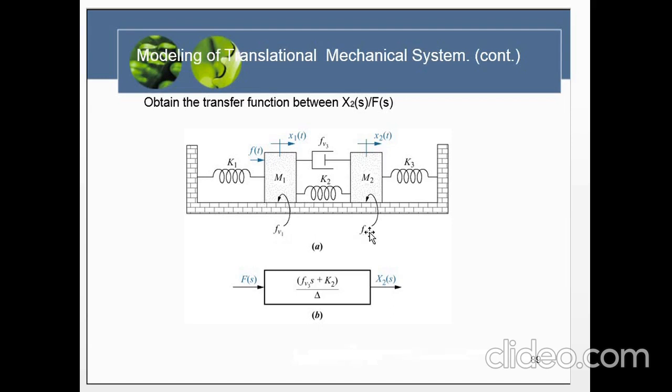It is Fv1, the friction constant, and M2 with the fluid has friction Fv2.